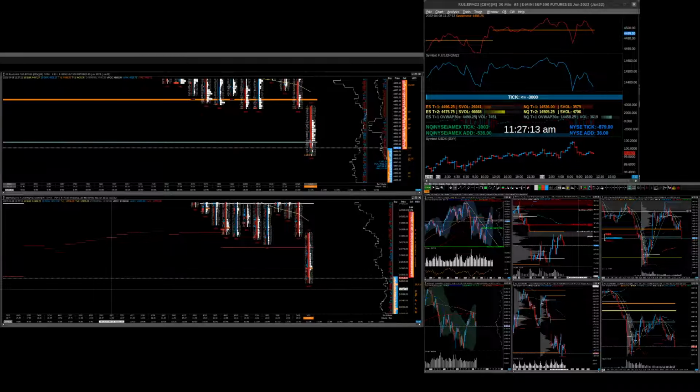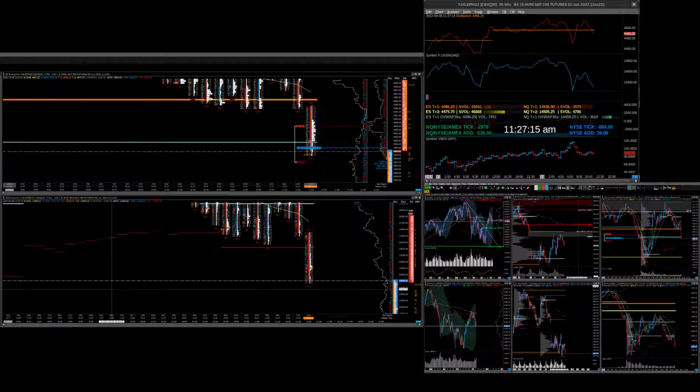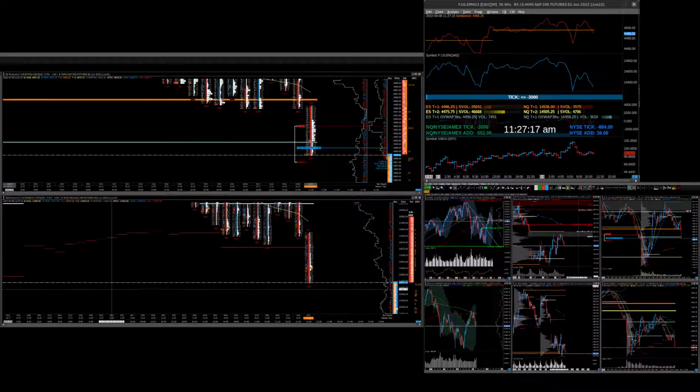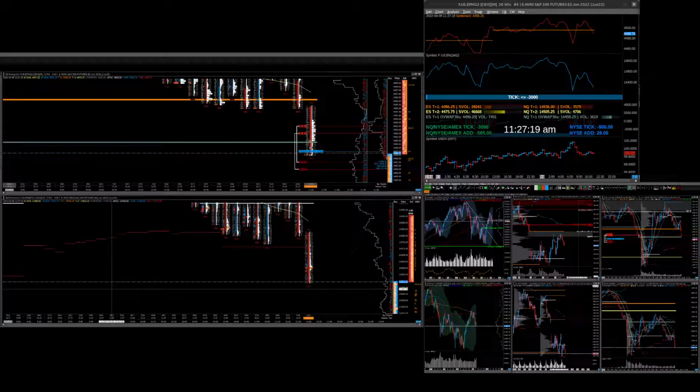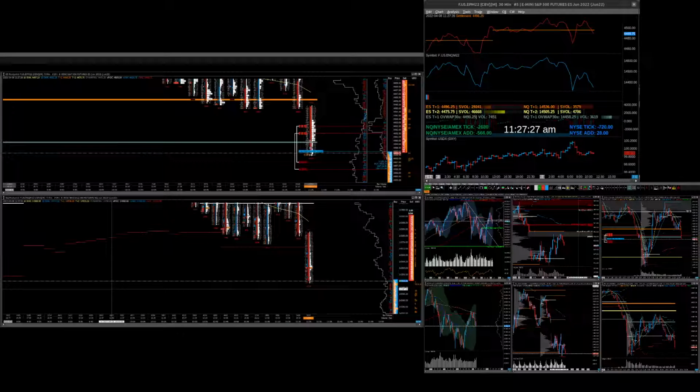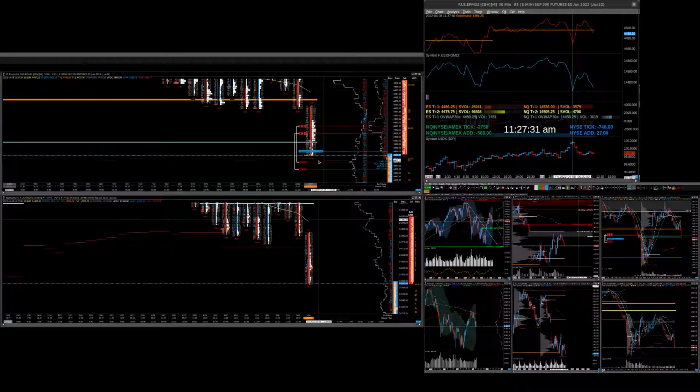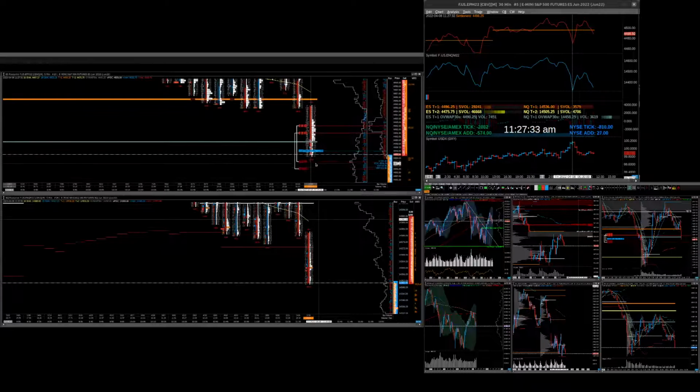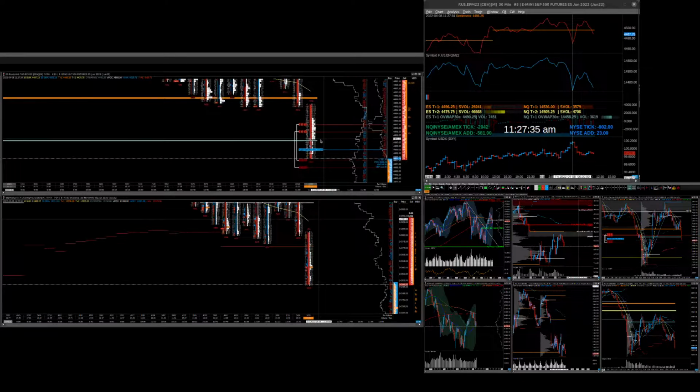All right. Oh, incompleted auction at the bottom there. We'll give it another shot. A little bit of extension here to the downside would be good, and then you can get long against a test.